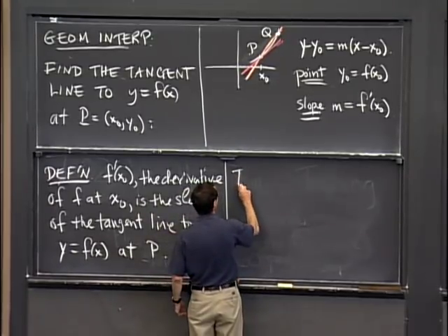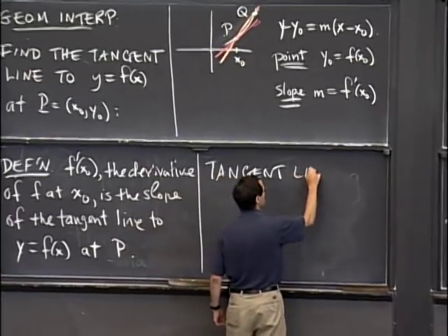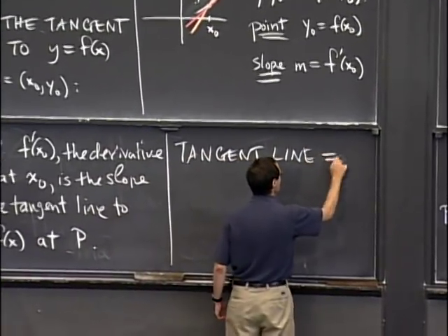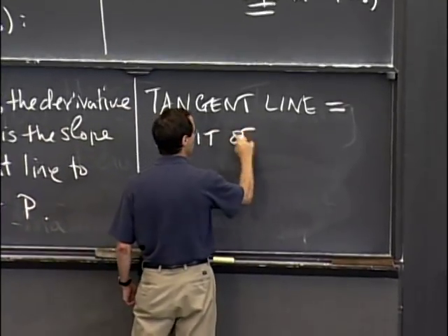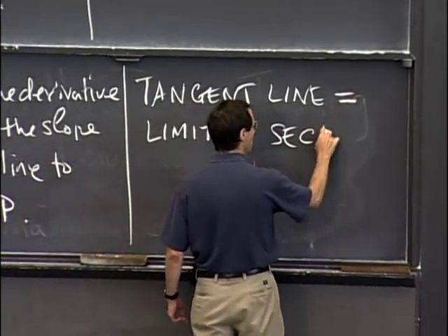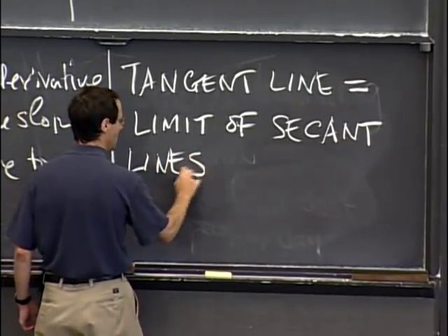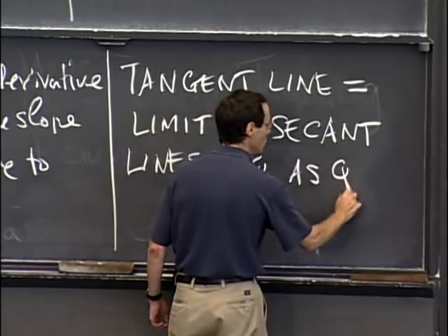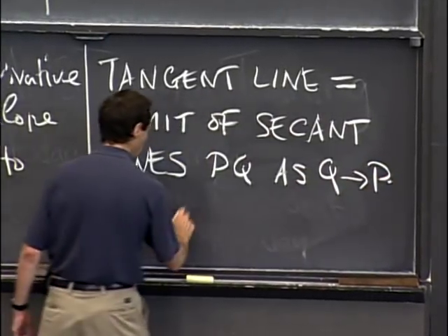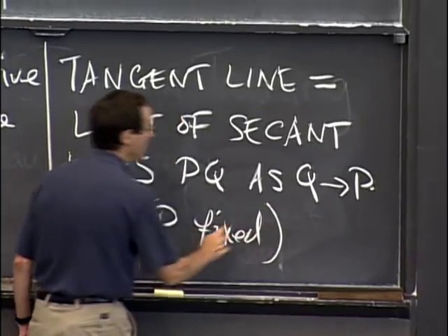So the tangent line is equal to the limit of what are so-called secant lines, PQ, as Q tends to P. And here we're thinking of P as being fixed and Q as varying.